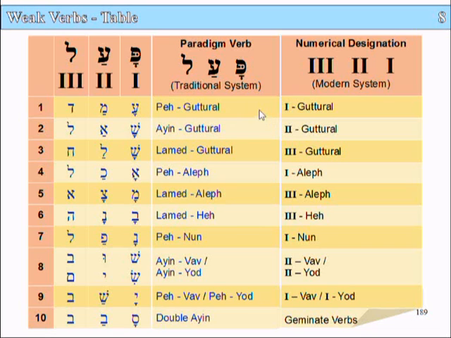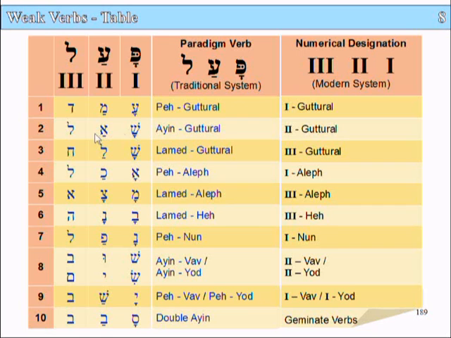And a couple of slides from now we'll look at a whole lot of different tables for each one of these classifications. So this one here, sha'al, it has an aleph in the second location, the ayin location. So it's called an ayin guttural, or in the more modern system it's called a two guttural or second guttural.